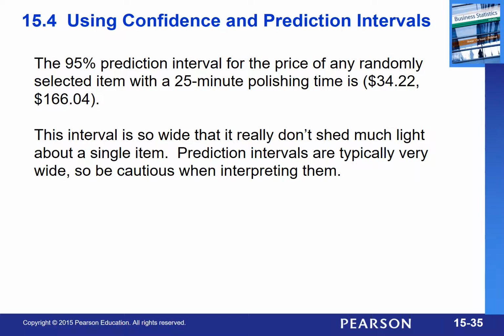And you really need to be careful when trying to use this to say what's going on. So for a 25-minute polishing time, you're 95% sure that the price of a randomly selected item is between these two. So again, this is all possible prices, not just the mean price. It's not the average, it's the list of all possibles. It's 95% of the time going to be this. And it's super wide, so it's not very precise at all.